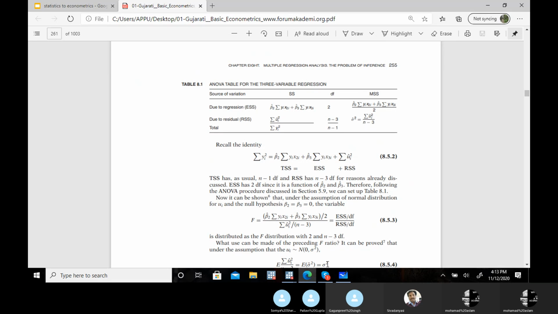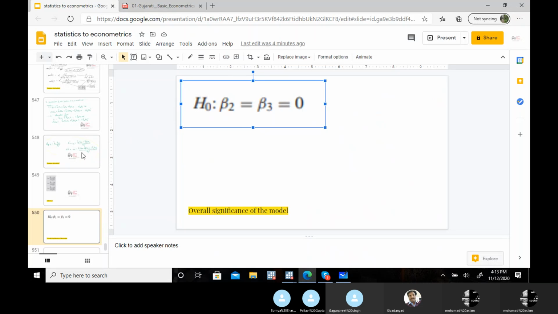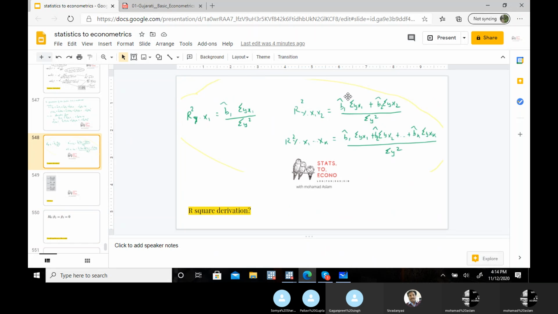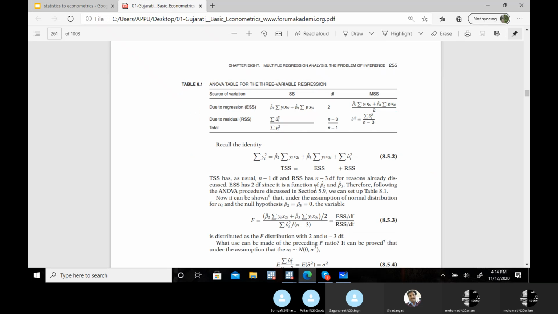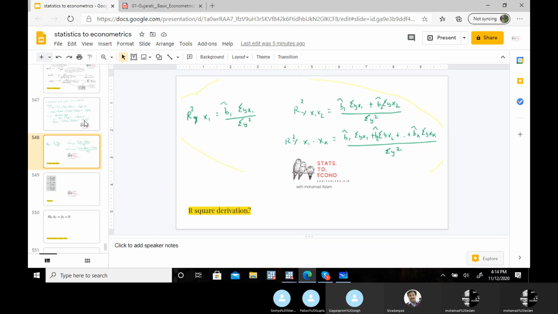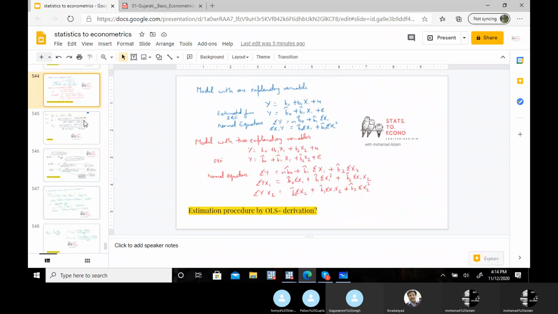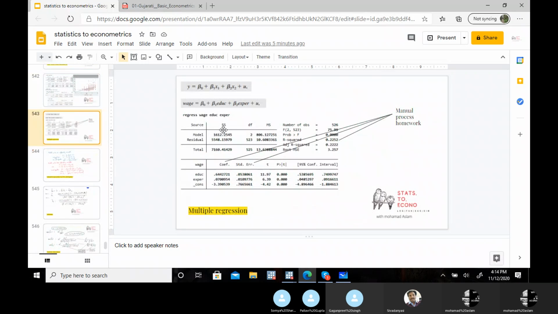So in the R square formula, now you can see, in the numerator we have this part, right? Explained variation upon total variation. This explained variation, this explained sum of square, is the numerator part of the F ratio. Now compare these results with your table, one by one.